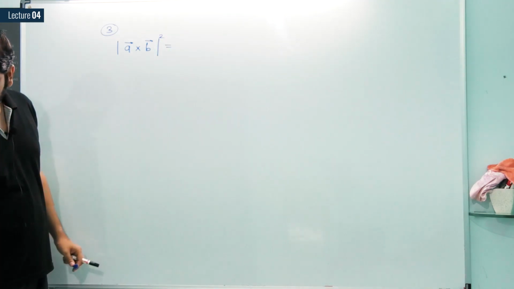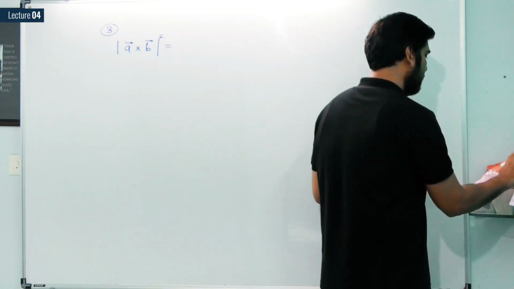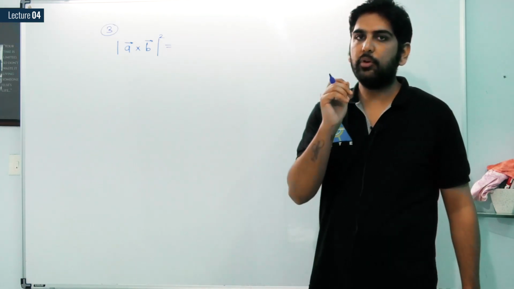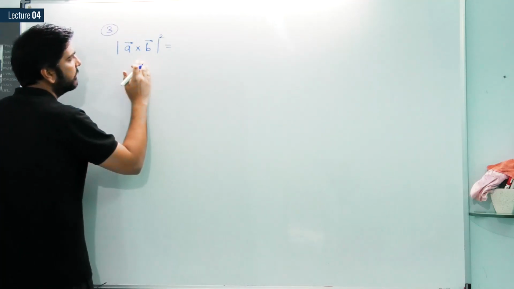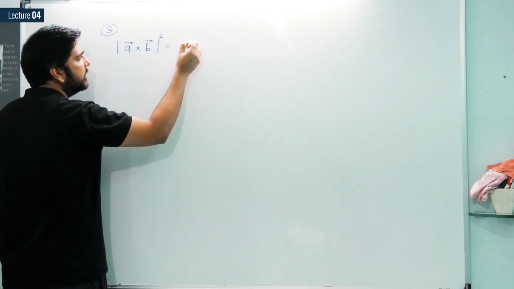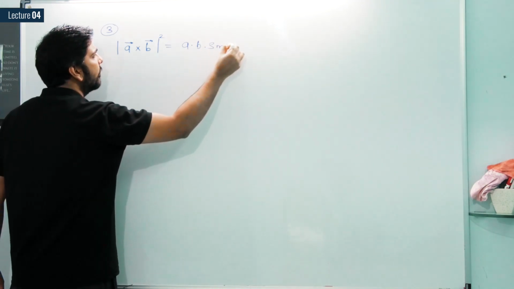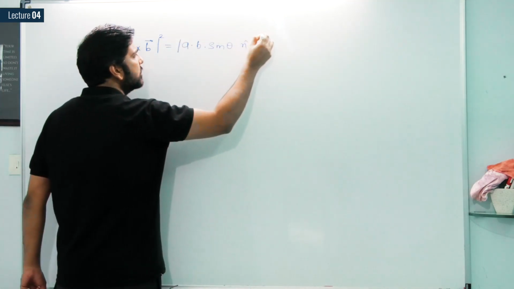So here, my dear students, the vectors are not given in i, j and k form. I have told you that if it is not given, then directly you should apply the definition. So applying the definition, it is nothing but ab sine theta n cap, mod square.